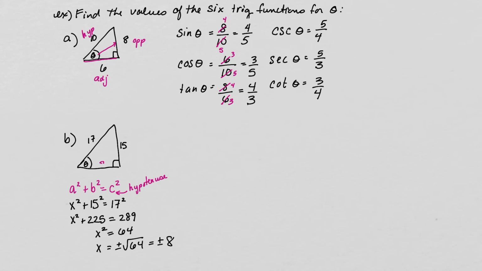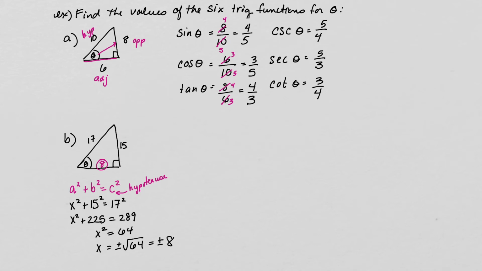So this side here is going to turn out to be 8. That's what we just found using the Pythagorean theorem. So questions on how I found the 8? If you have a question, you can throw it in the chat box.